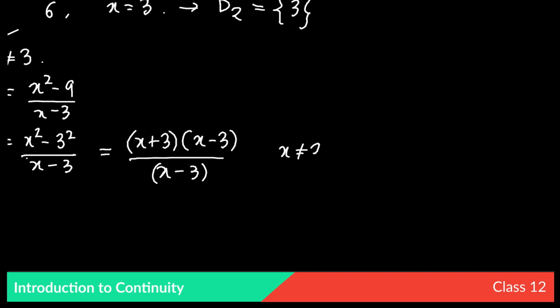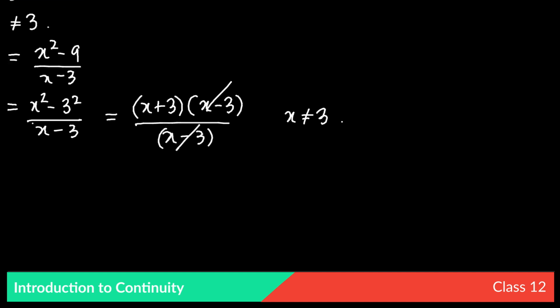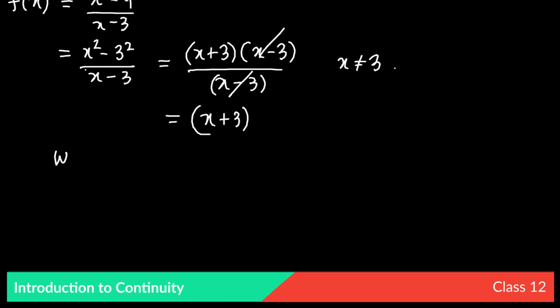Since x is not equal to 3, we can cancel out the factor x − 3, and we are only left with x + 3. That means when x is not equal to 3, f(x) is x + 3.